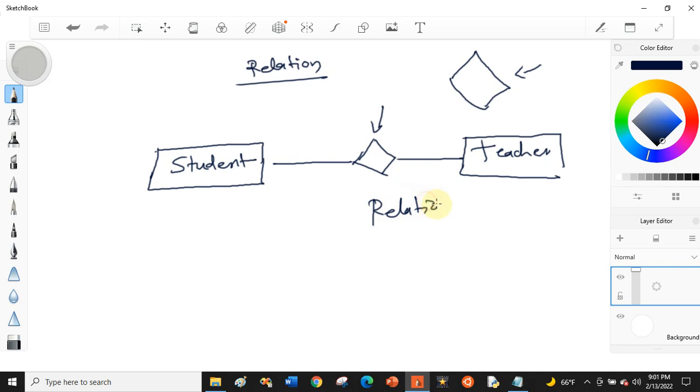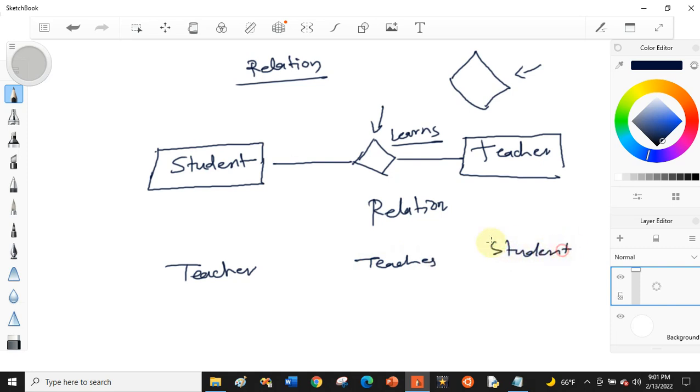Now I am just showing you what a relation is, but I am not telling you what the relation is between student and teacher. So the relation between student and teacher is learning, or you can say learns. A student learns from teacher. Similarly, if you are representing the relation between teacher and student, teacher teaches whom? Students.